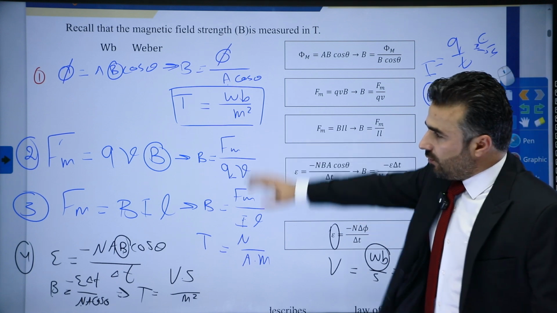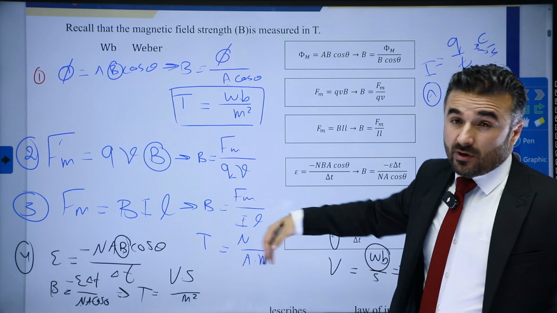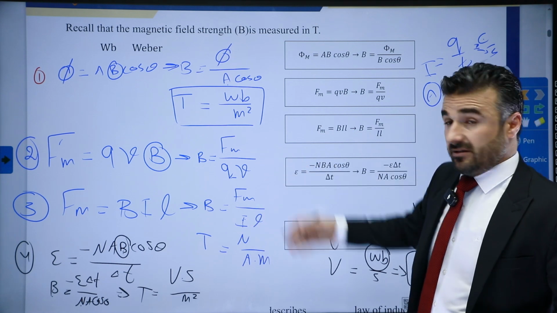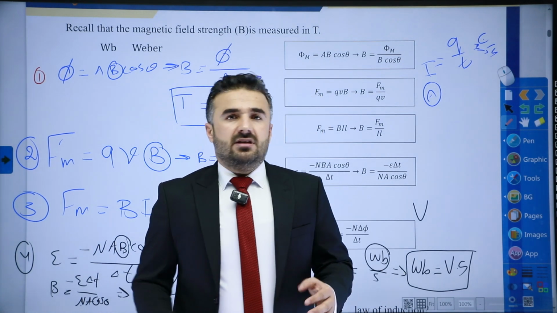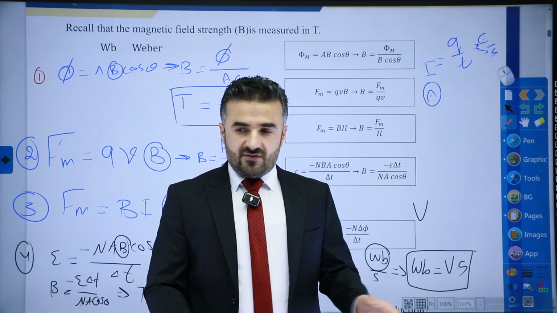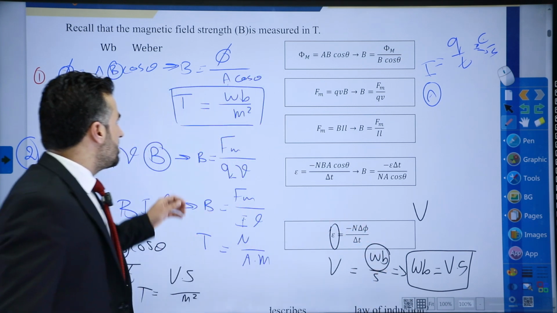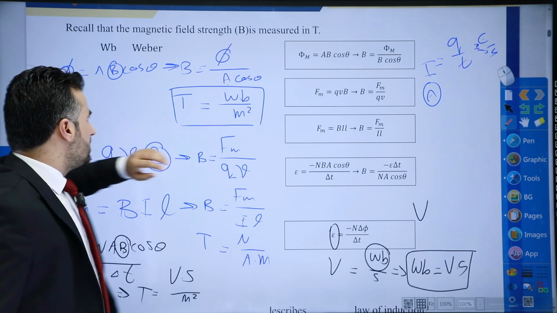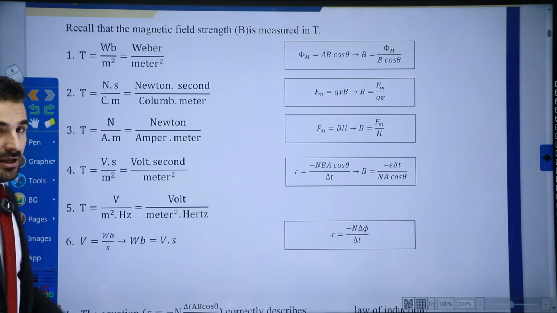Make sure that you go through all this. And of course, there are more ways where you can manipulate and rearrange these equations so that you can get different things here. But in questions, you might be given a unit you've never seen before. How do you know if a unit of something is correct or not? Whenever you're given something like this, let's say Tesla or whatever, they tell you which one of these units is correct for something.